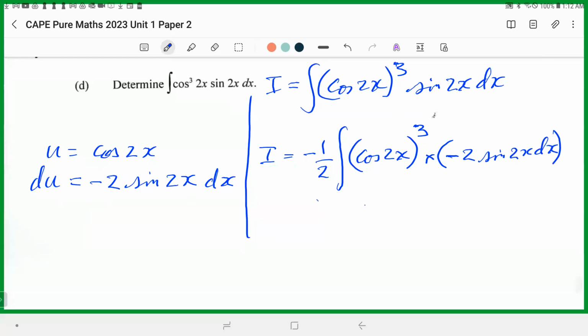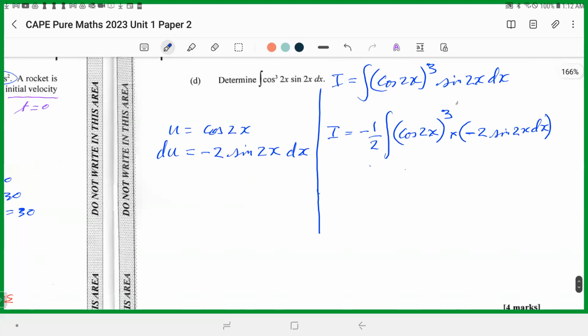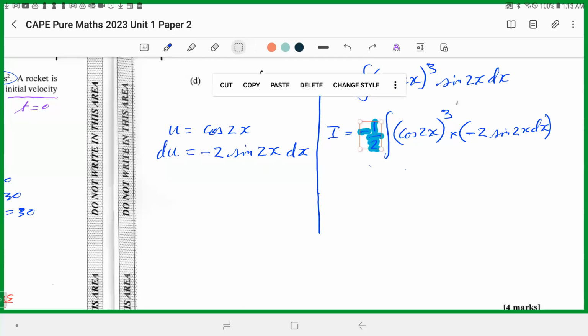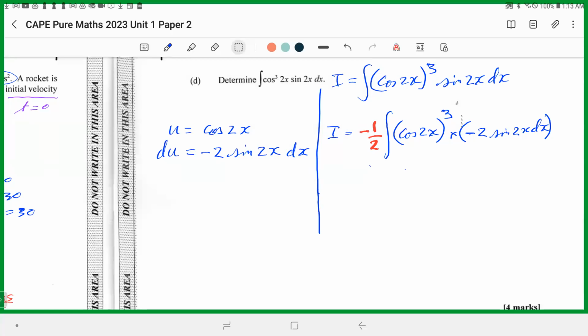So now I can apply my substitution. This is integration using a substitution method. This inside here is my u. You see the minus 2 and the negative half balance each other out. I'll change this to red, and change this minus 2 to red as well.